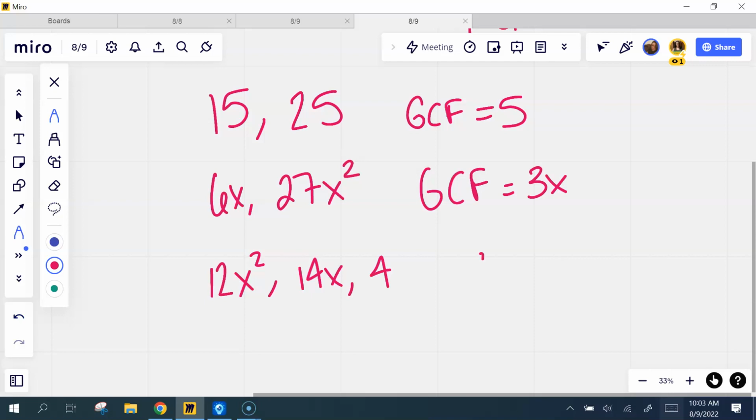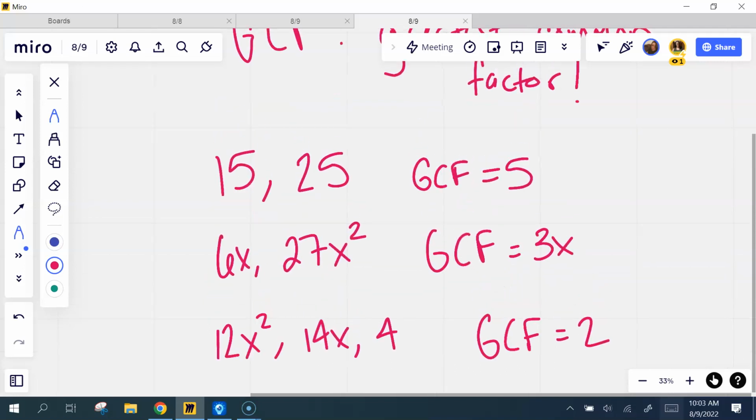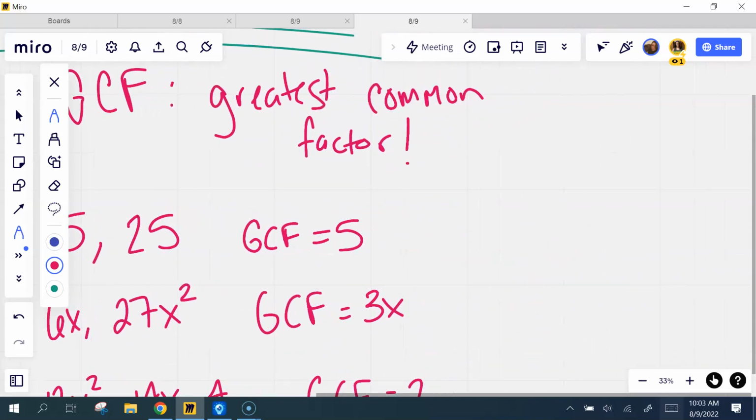No, it's 4. It's 2. Even though the first 2 have X's on them, the last one doesn't, so X is not part of my GCF. Okay? So let's talk about factoring these GCFs out of something.